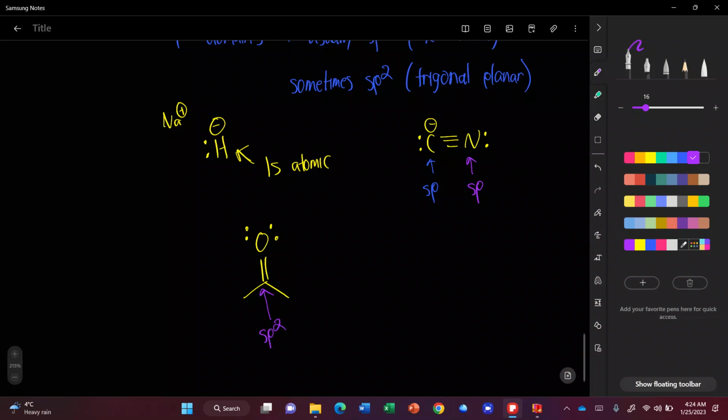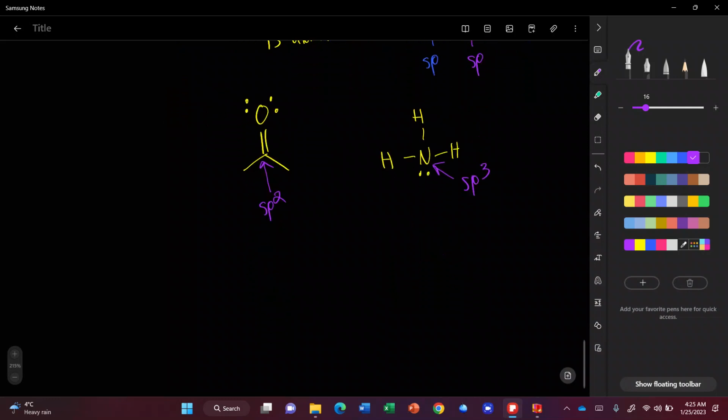Let's do a molecule of ammonia and figure out the hybridization of the central nitrogen. In ammonia, the central nitrogen would have 1, 2, 3, 4 domains. If it has 4 domains, we know that this ammonia is going to be sp3. Also, lone pairs do not get hybridized. When we talk about hybridization, we're talking about atoms themselves. So this central nitrogen would be sp3.